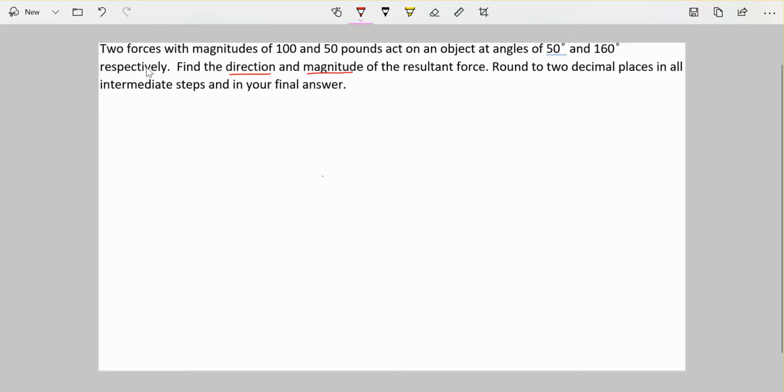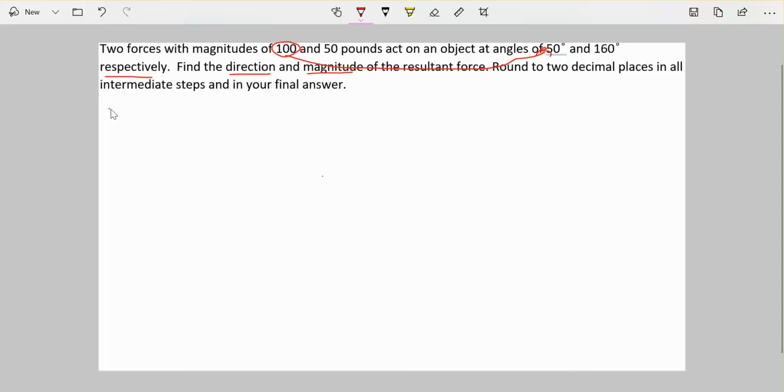And this word respectively means that this 100 lines up with that 50, okay, and the 50 lines up with 160 degrees. So we can start by creating two vectors.